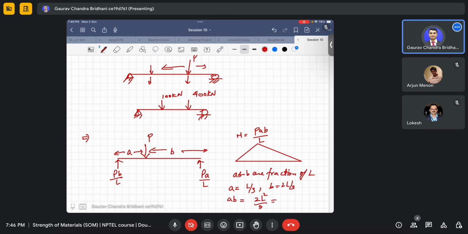Okay, now I say A is suppose L by 2, then B will be L by 2 obviously. So AB is L square by 4. It is 0.25.